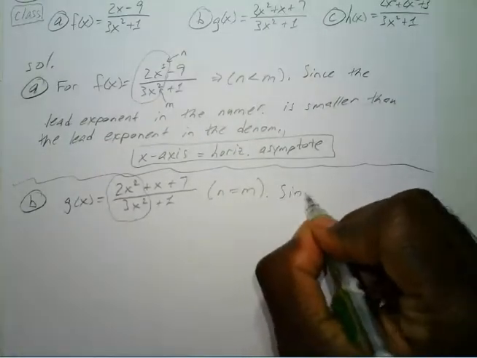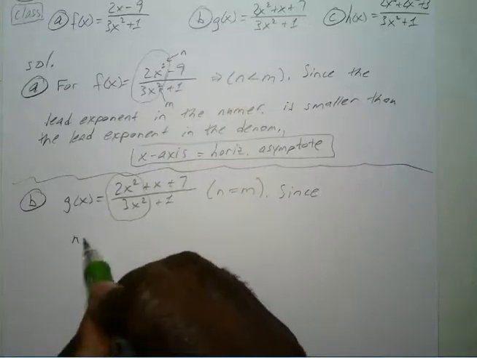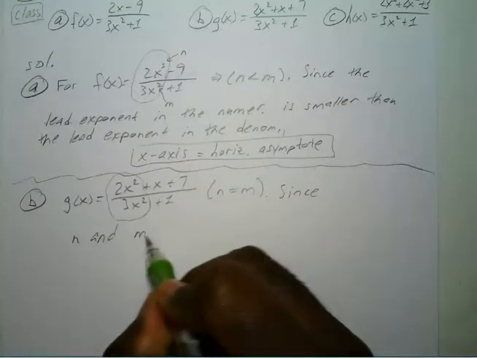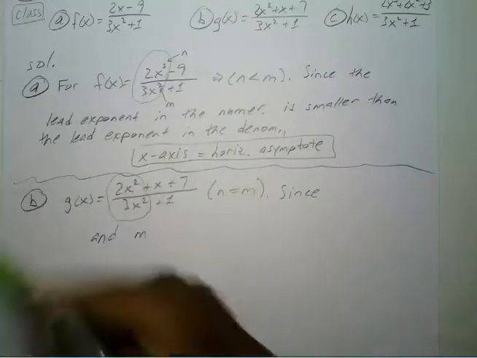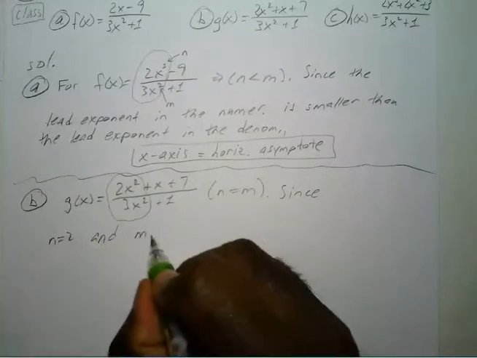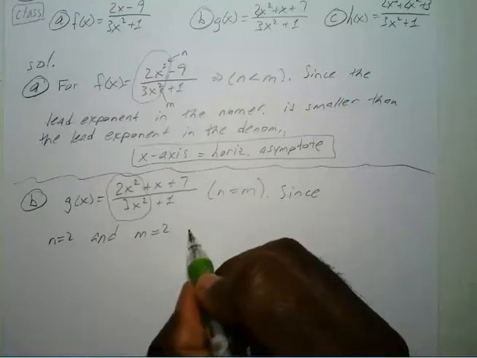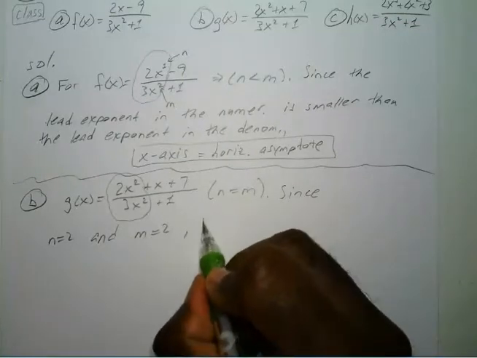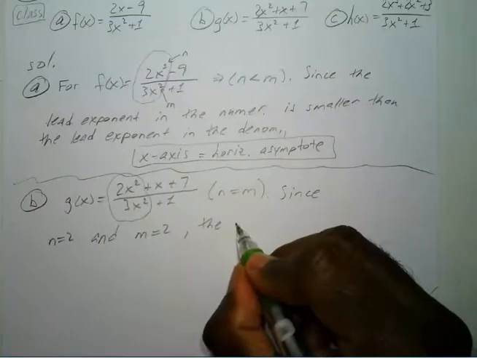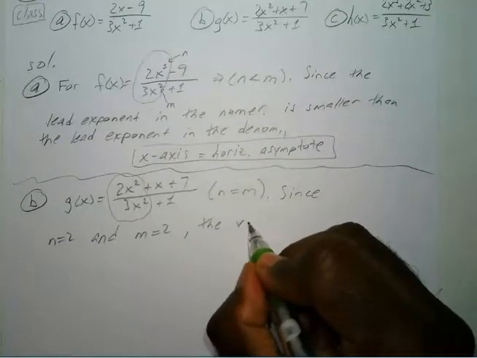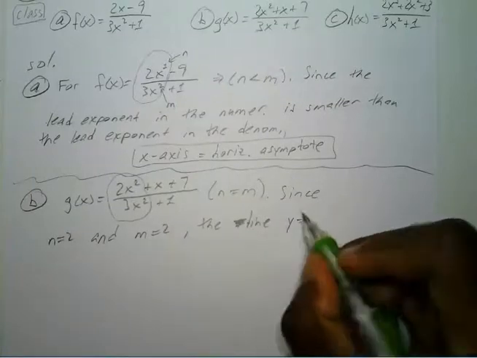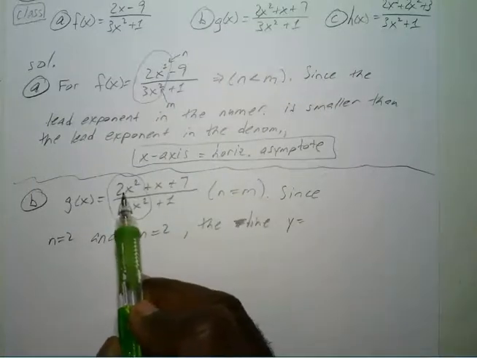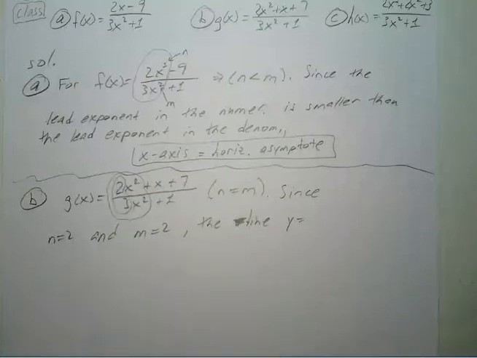Okay, so since n equals 2 and m equals 2, the line y equals, now you're going to use your lead coefficients.